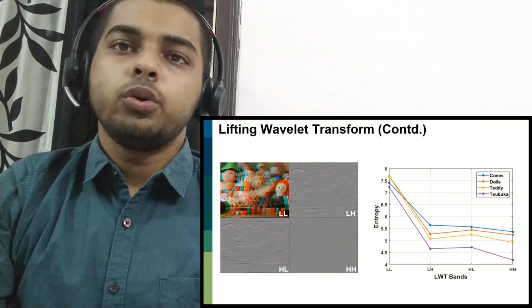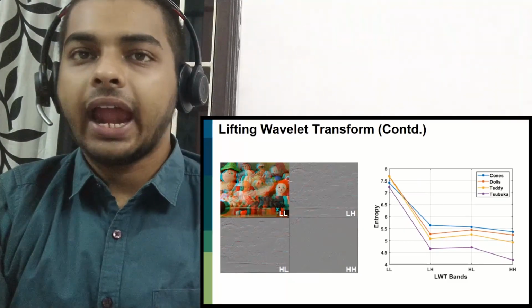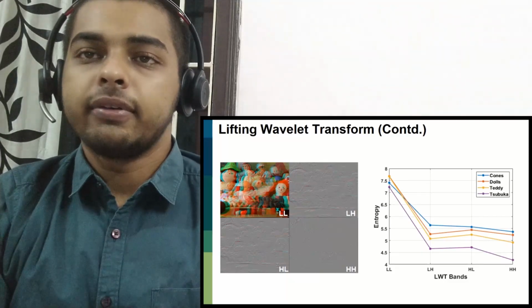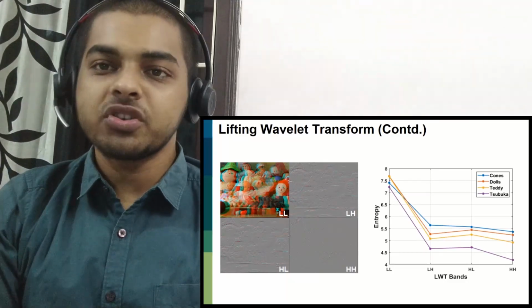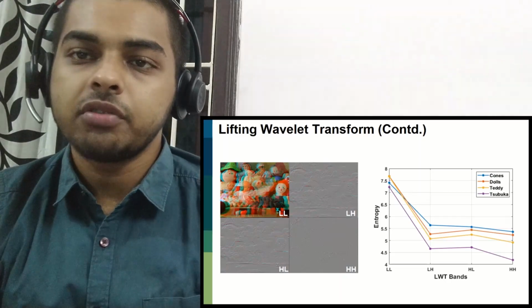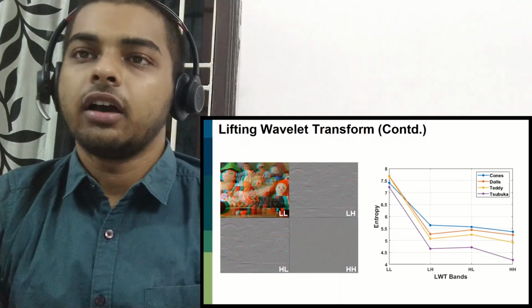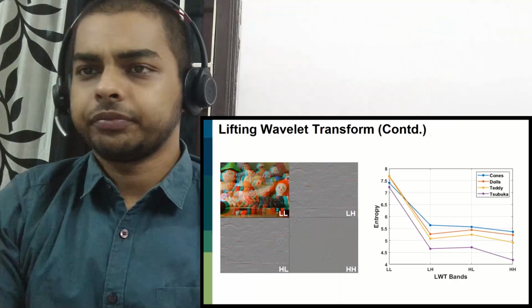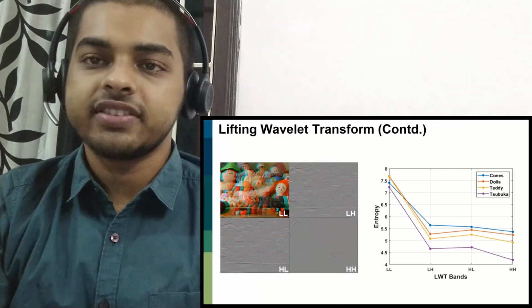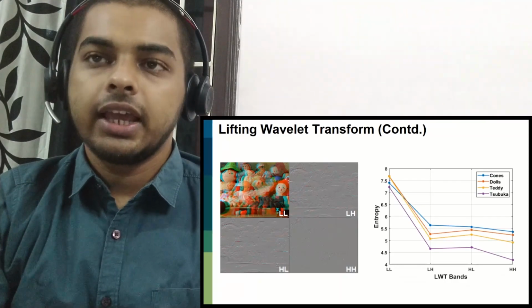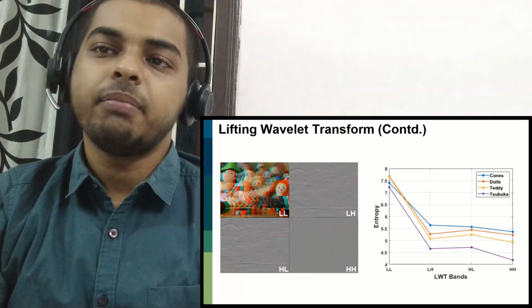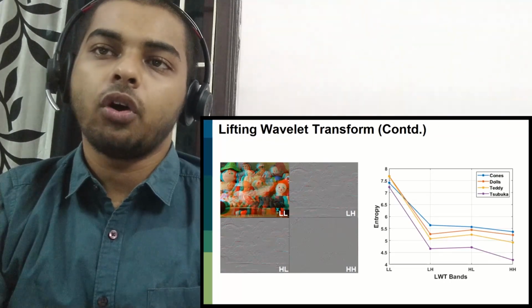And also, to judge the best watermarking candidate among all the 4 subbands, we have taken an information theoretic approach. So what is that information theoretic approach? In the right graph, we can see that I have plotted the entropy of all the LWT subbands for 4 different images, and we can see that the LL subband has the highest entropy for all the images.